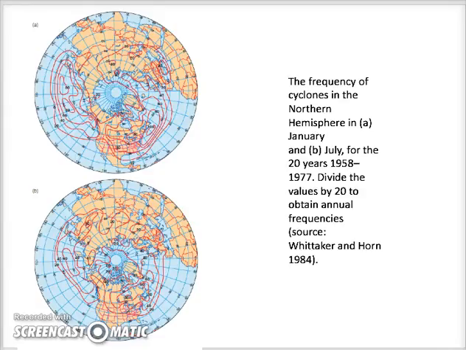The airflow within them is anti-clockwise, cyclonic, in the northern hemisphere, and clockwise in the southern hemisphere as a result of the Coriolis effect being opposite in the two hemispheres.